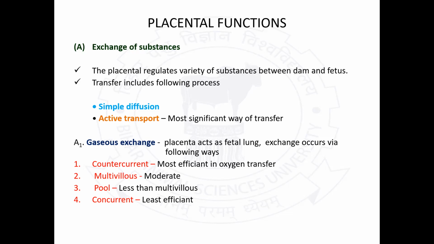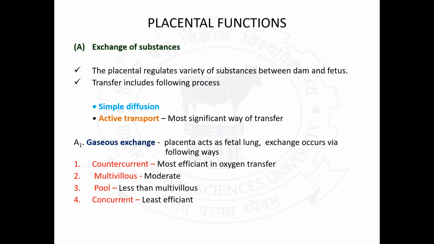So the carbon dioxide will be eliminated at the same time and at the same rate oxygen will be carried out, okay, towards the fetus. Then multivillous, this is a moderate type, gas exchange happens in the pool. And then concurrent. Okay, so this concurrent is least efficient because it is not parallel.